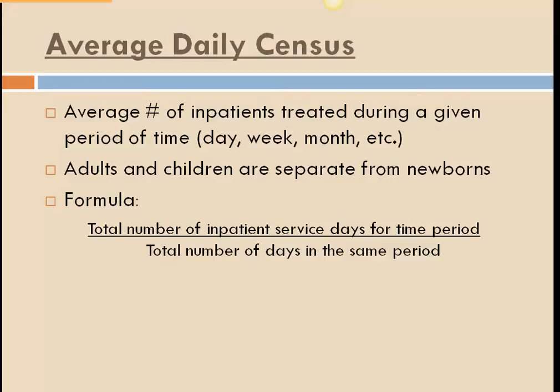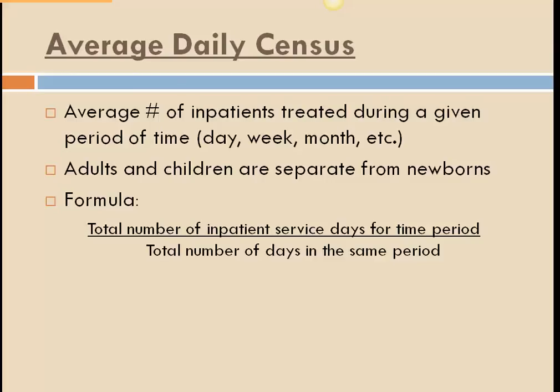The formula for calculating the average daily census is the total number of inpatient service days, which remember we just talked about, the total number of inpatient service days for whatever time period you're looking at. So if you're calculating something in a facility, you're going to know what the time period is that you're calculating for. If you're working out a problem on a test, you'll be told, okay, look at the inpatient service days for this day or this series of days or this month.